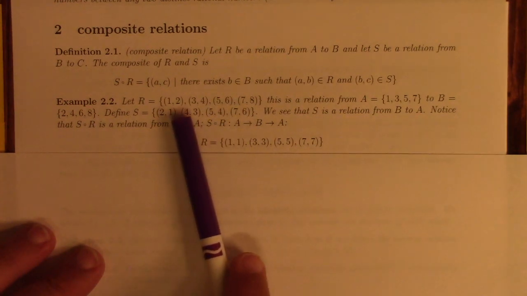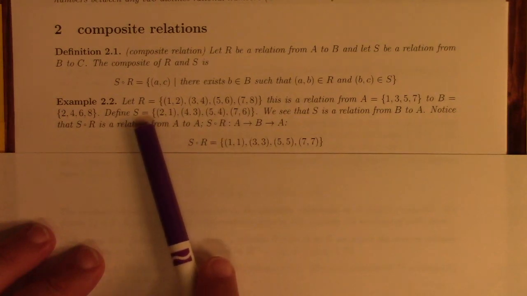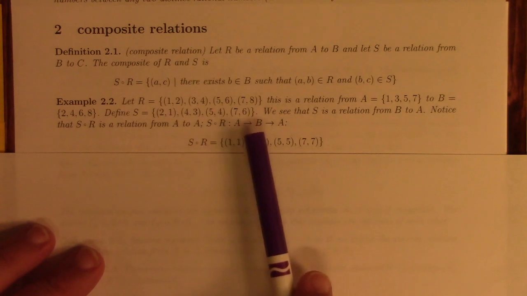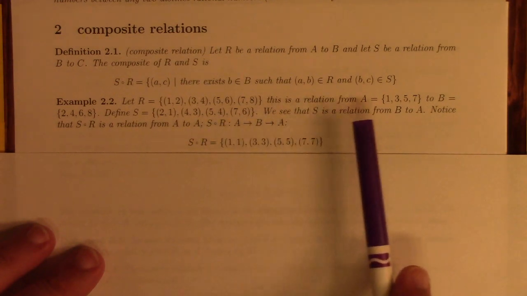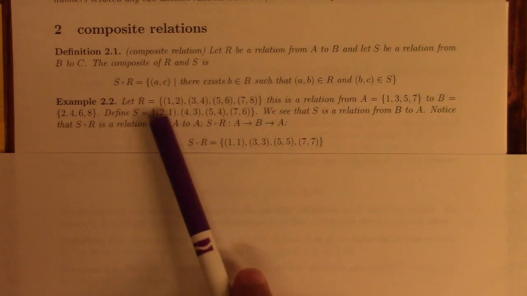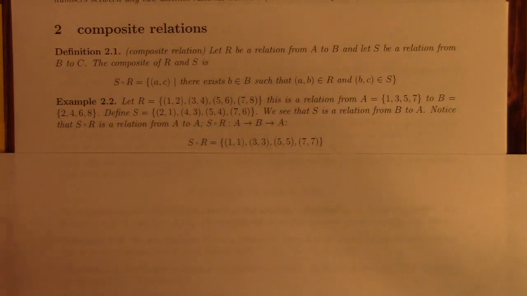So R goes 1 to 2, 3 to 4, 5 to 6, 7 to 8, whereas S is 2 to 1, 4 to 3, 5 to 4, and 7 to 6. So this is a relation from B to A because its inputs are 2, 4, 6, 8. Ooh, I think there's a typo there.